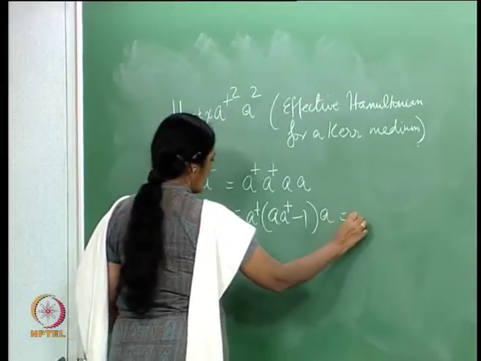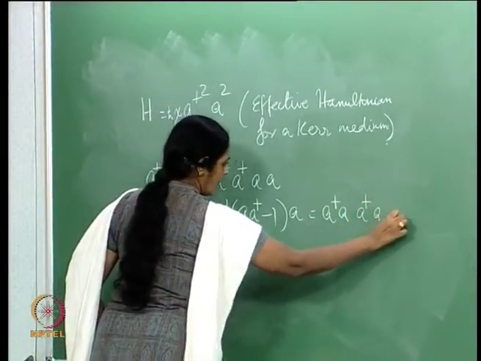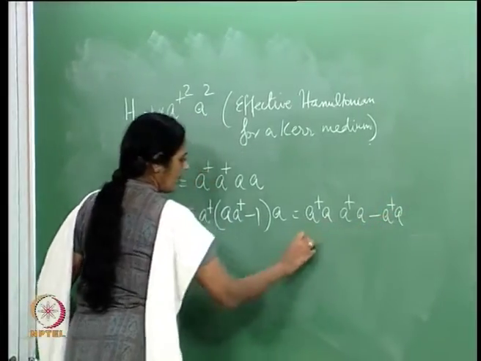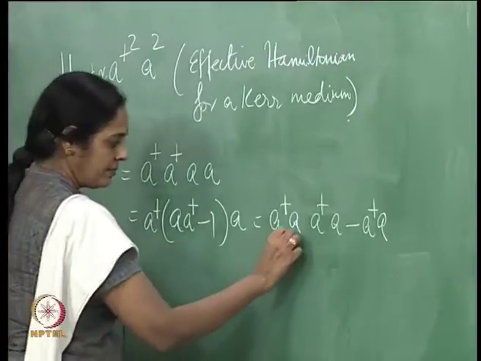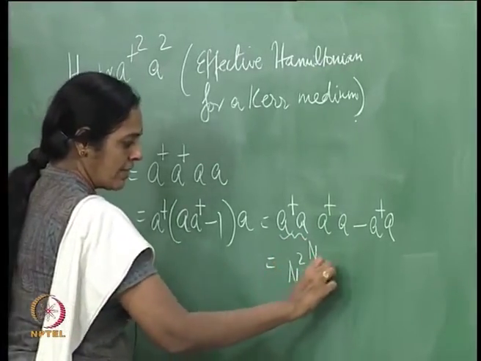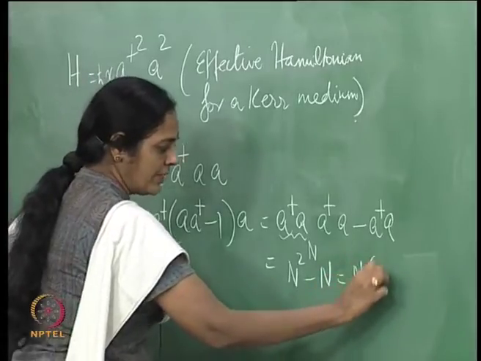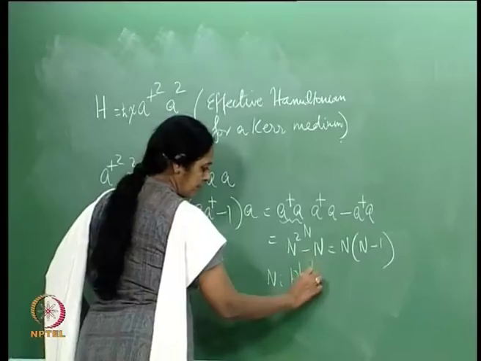So, this object is simply A dagger A A dagger A minus A dagger A. In other words, in terms of the photon number operator n, this is n squared minus n or n into n minus 1, where n is the photon number operator.